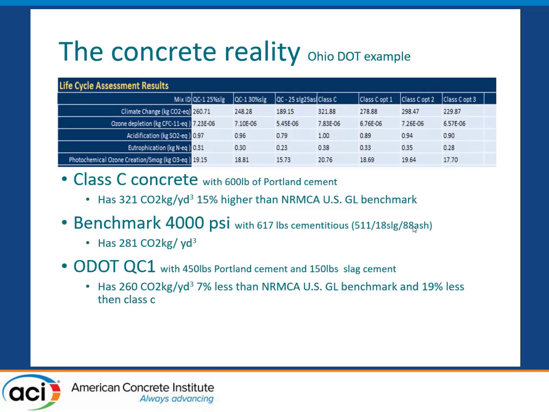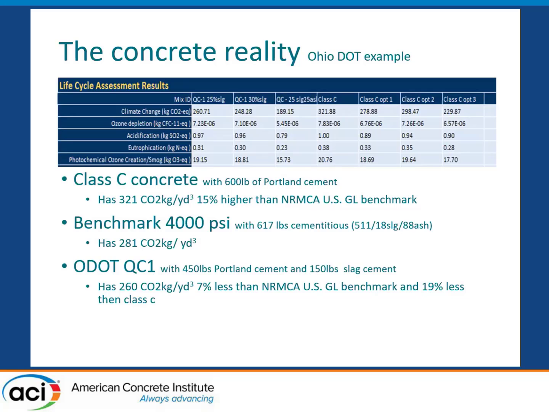Now, these mixes were basically taking the average of what is used throughout the country as a whole and using that fictitious PSI to make out what that would be. So it has a CO2 content of 281 CO2 per cubic yard.